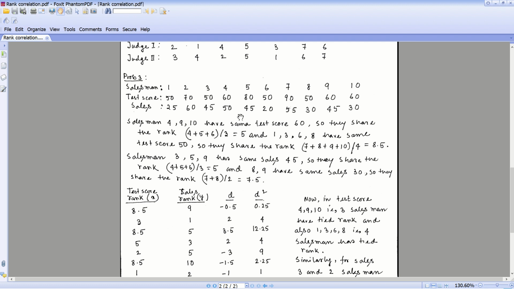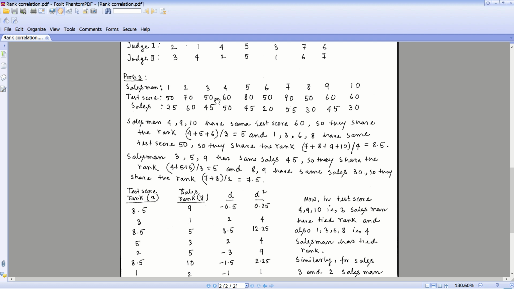Similarly, go to the values for salesmen 1, 3, 6 and 8. They have test score 50. Now up to 60 we have counted ranks 4, 5, 6. Now for the 50 value we start from here: rank 7, rank 8, rank 9, rank 10.